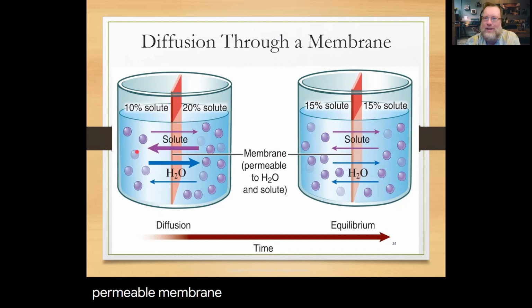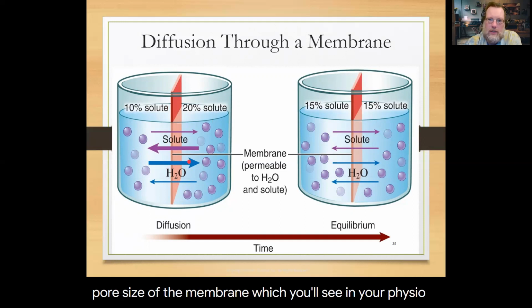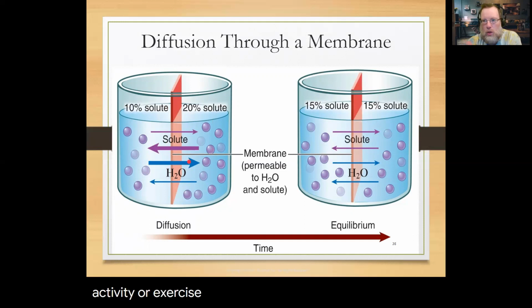We can move stuff. If we can't move stuff because the membrane isn't permeable enough, that's what we call the molecular weight cutoff. That just means the pore size of the membrane, which you'll see in your PhysioEx activity or exercise 1. Any of those activities of diffusion, osmosis, and cell transport are going to deal with pore size and molecular weight cutoff.